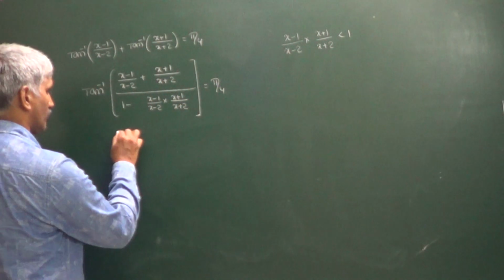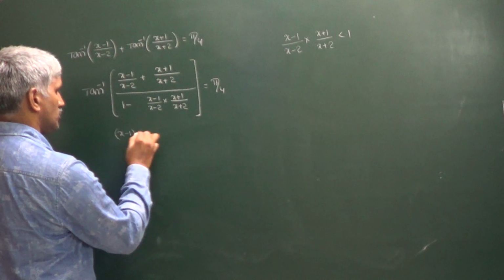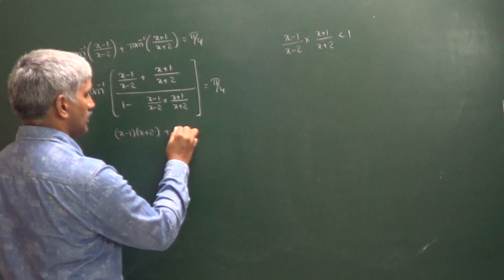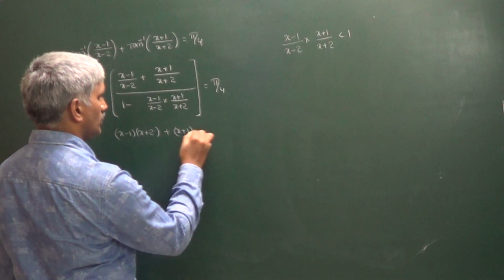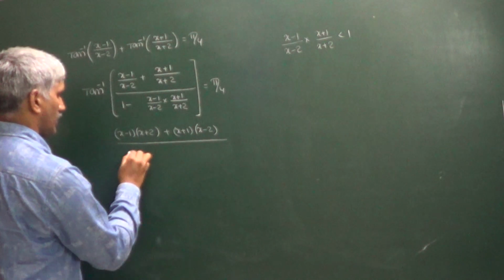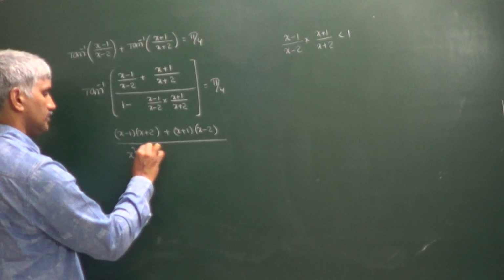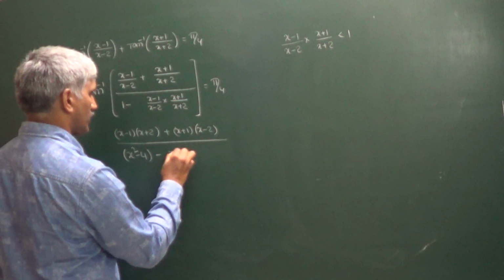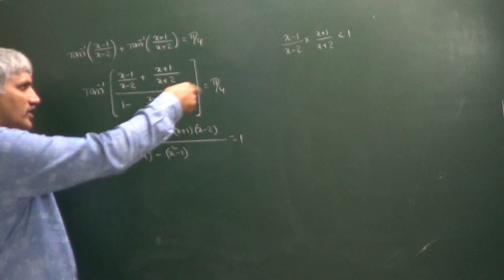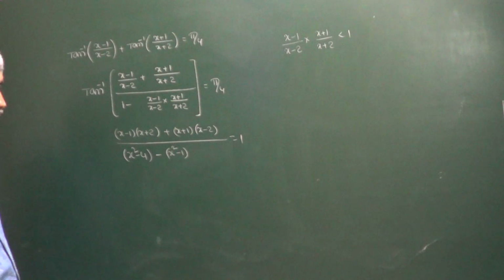Okay, this further simplification: x minus 1 into x plus 2, plus x plus 1 into x minus 2, divided by x square minus 4 minus x square minus 1, is equal to tan 45, which is equal to 1.